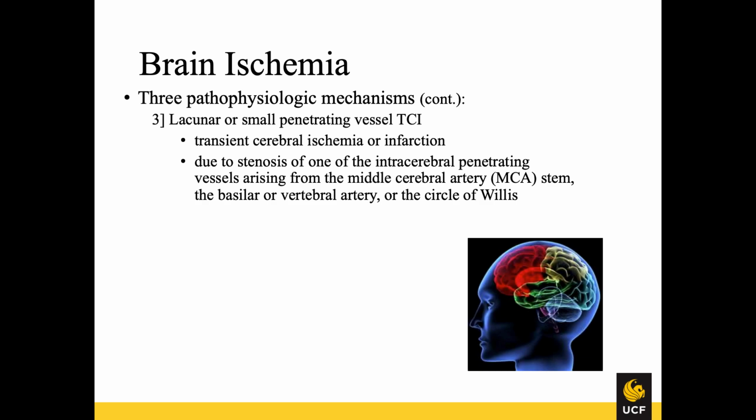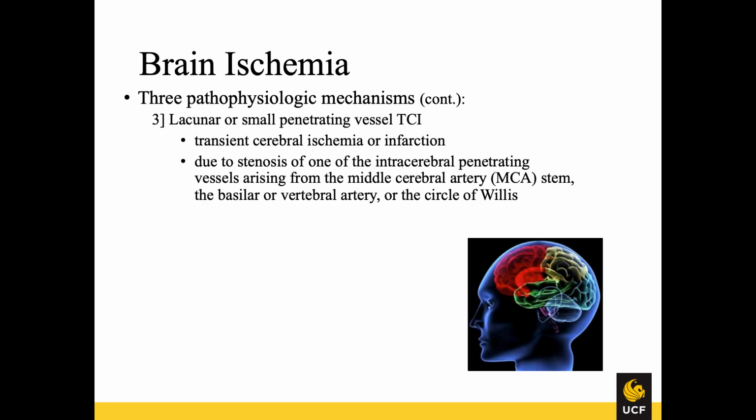This is where most of your transient events are going to occur. It's going to be a stenotic event that occurs in one of the intracerebral penetrating vessels that either arise from the middle cerebral artery stem, the basilar or vertebral artery, or the circle of Willis.